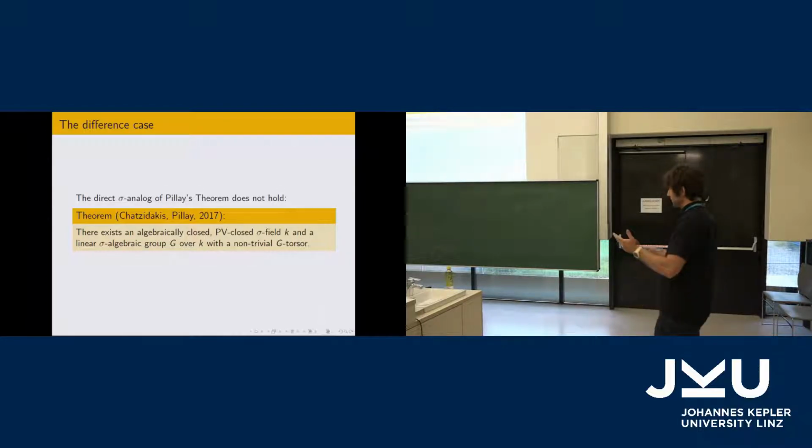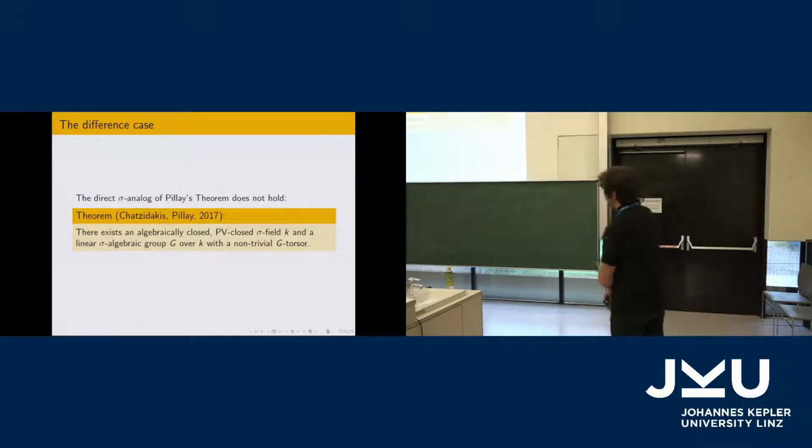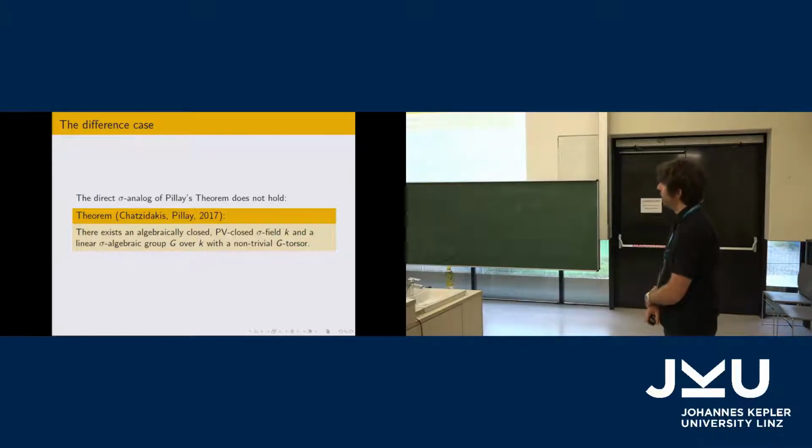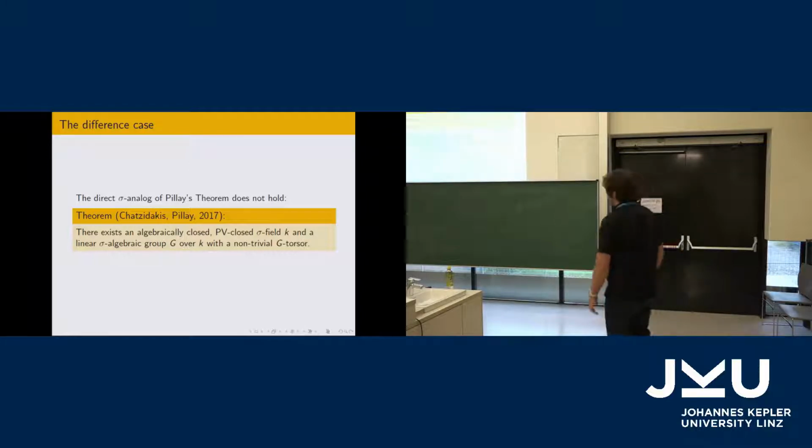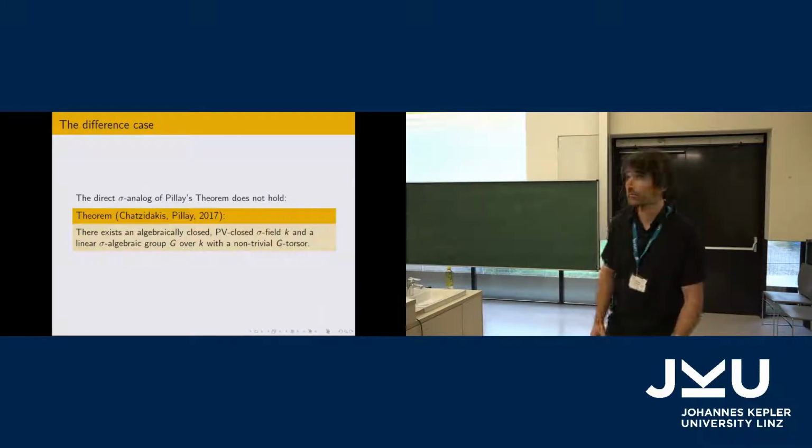So now it's a natural question. It's still a natural question to wonder if there is not some positive result here too. And so what would be the difference analog of Anand's theorem? We know that we need to do something about difference algebraic subgroups of the multiplicative group.